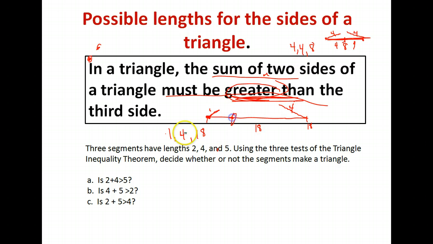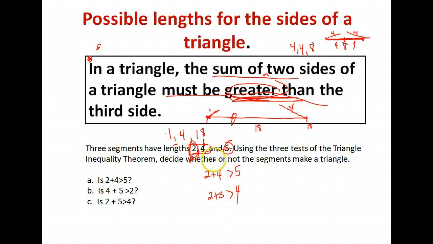Here's an example down here. It says three segments have lengths 2, 4, and 5. Use the three tests of the triangle inequality theorem and decide whether or not the segments make a triangle. When they say the three tests, what you do is you take any two sides and add them together, so 2 plus 4 has to be greater than the third side, 5. Then you take two other sides, so let's say 2 and 5 together. 2 plus 5 has to be greater than that third side that's left over, the 4.